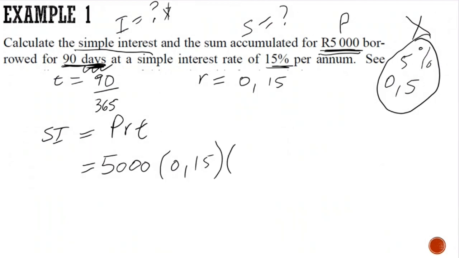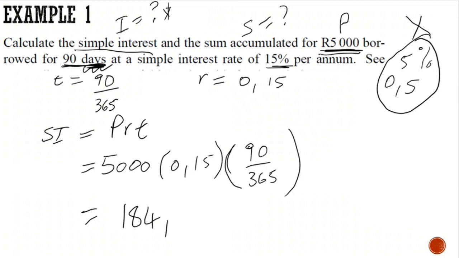And then your time is 90 divided by 365. You can just take your calculator, plug everything in, and you'll find that your simple interest is 184.93.